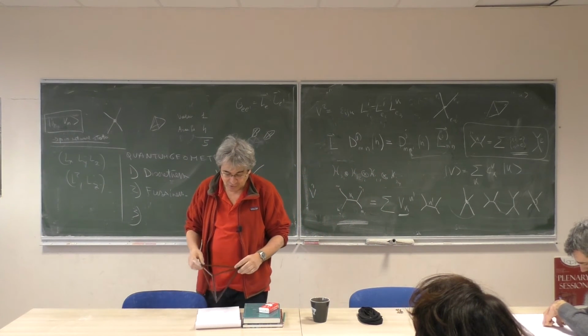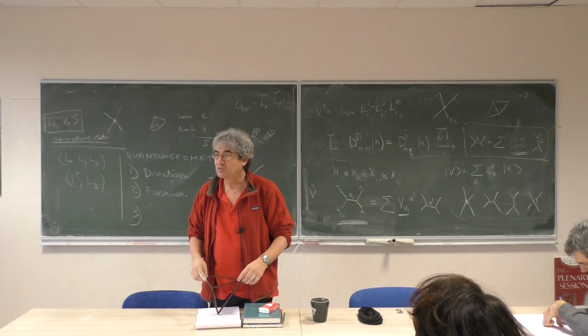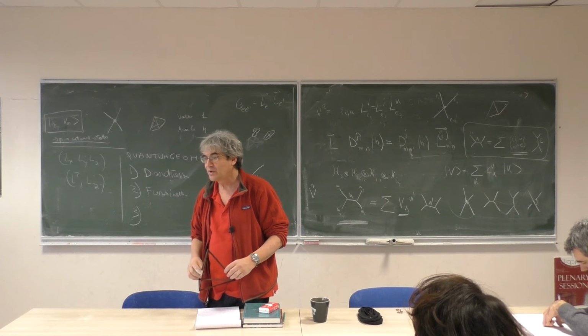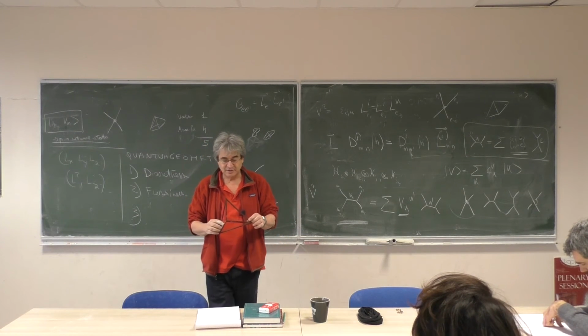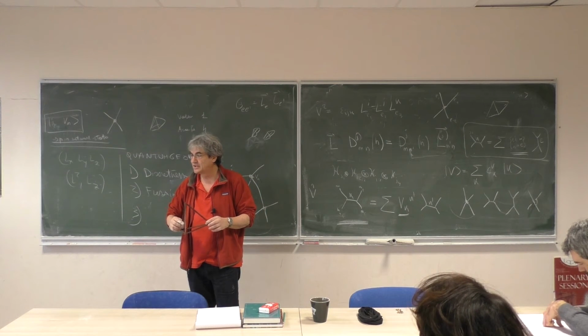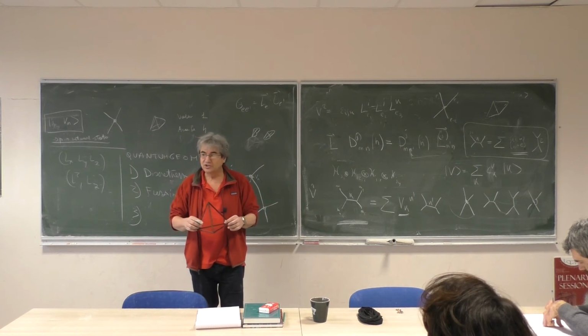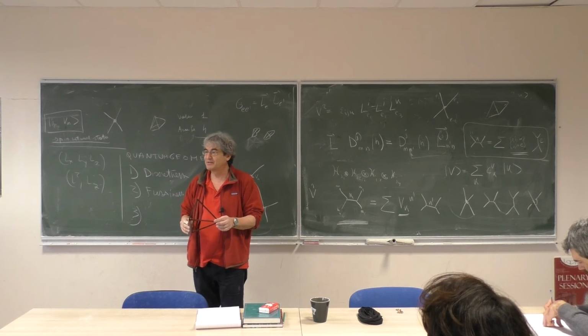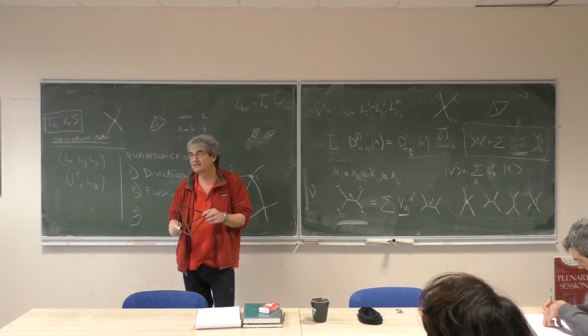So some time ago, I said, wait a minute, why can't we just write a state which is not too spread in either of them, the most classical thing we can, right?